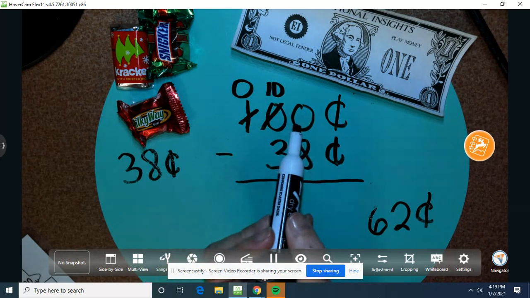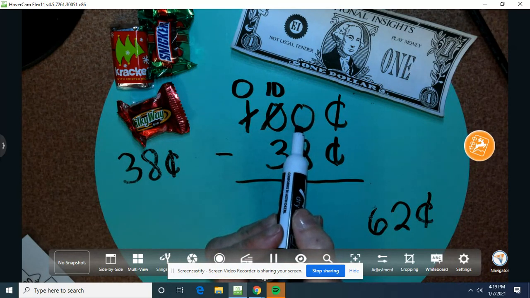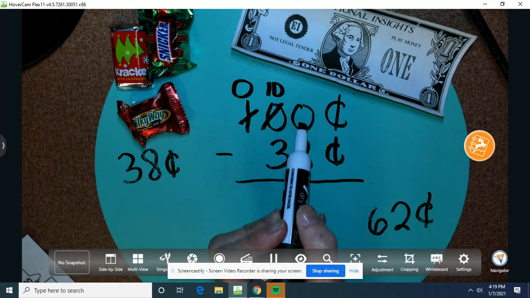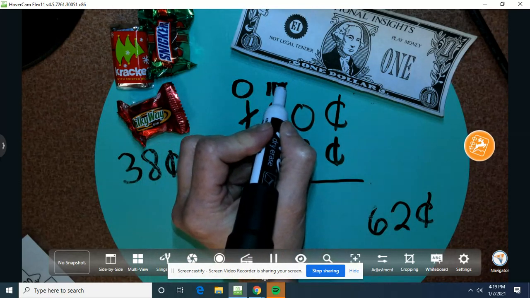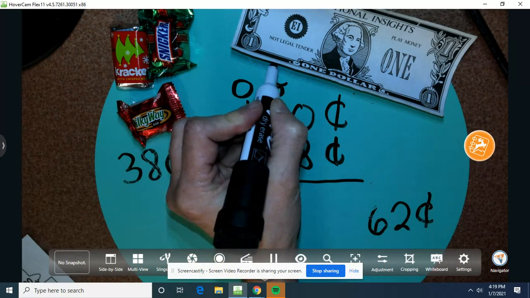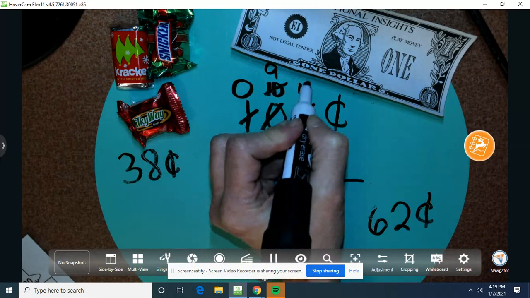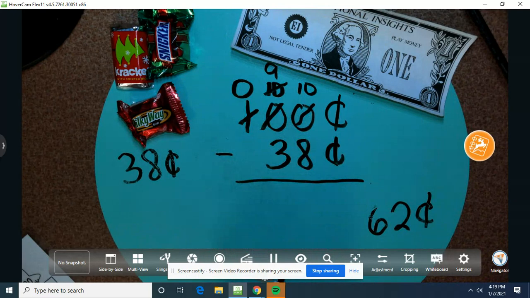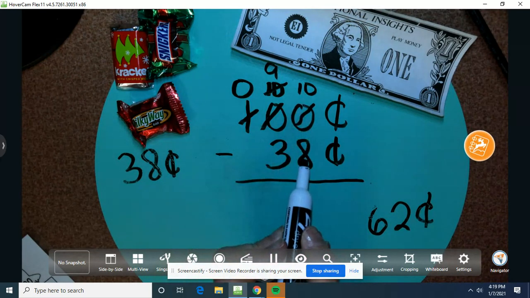But that doesn't really solve my problem over here. My problem over here is that I still have 0. So I have to go back over to the tens column, and I have to borrow again. Now instead of 10 tens, I'll have 9 tens, and bring my 10 over. Now I have 10 ones, and I can subtract 8.